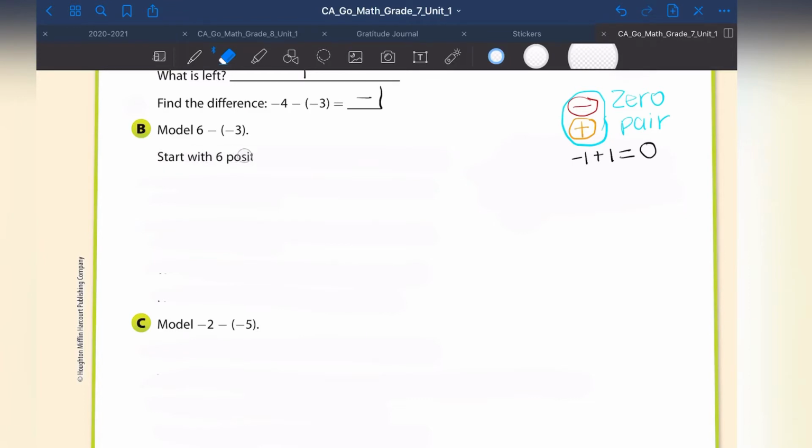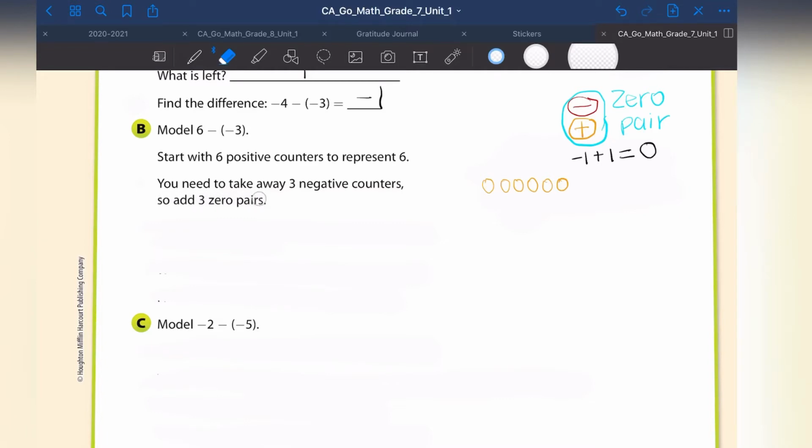Okay, start with 6 positive counters to represent 6. Let's do that. 6 positive counters. 1, 2, 3, 4, 5, 6. You need to take away 3 negative counters. We don't have any negative counters. Therefore, we need to add 3 0 pairs to be able to account for those extra negative counters that we need to take away.